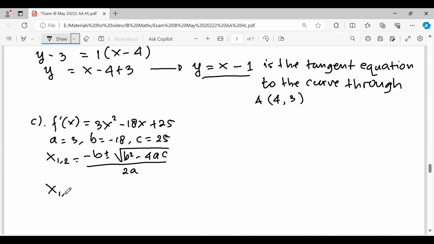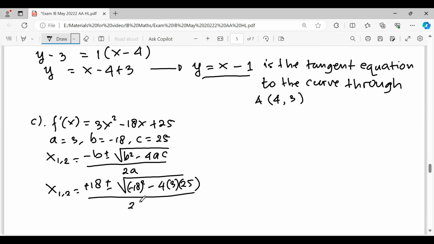So x1 and x2 equals 18 plus minus the square root of minus 18 squared minus 4 times 3 times 25 over 2 times 3.